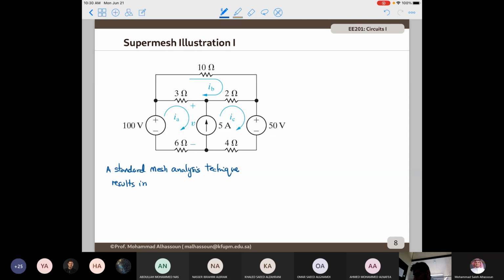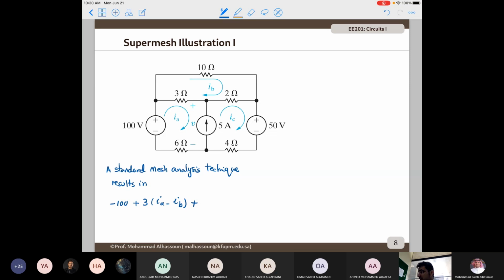So if we apply the mesh current method in loop A, we're going to apply KVL: plus 3 IA minus IB plus the voltage across the current source. We don't know the voltage across the current source.